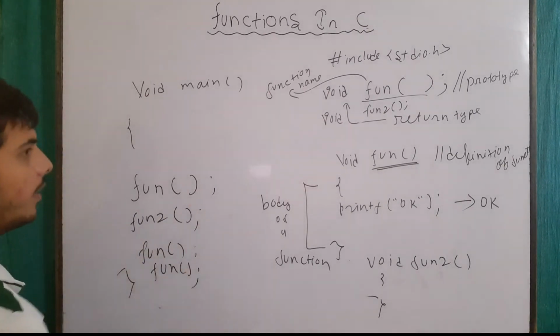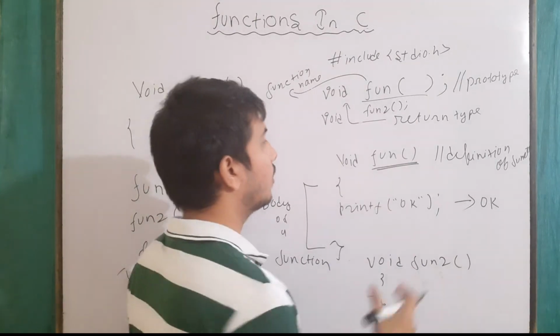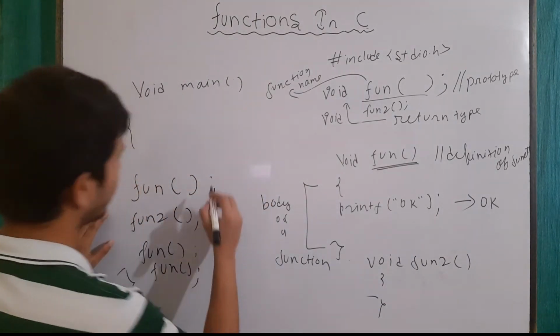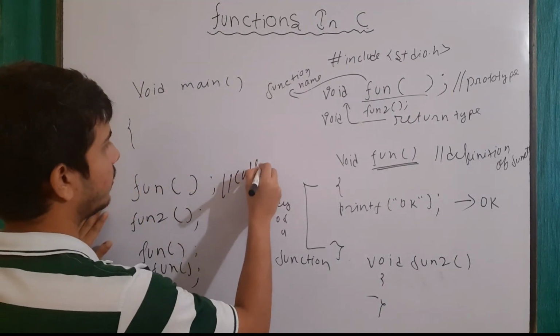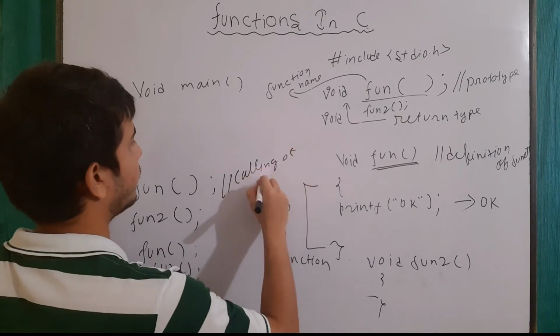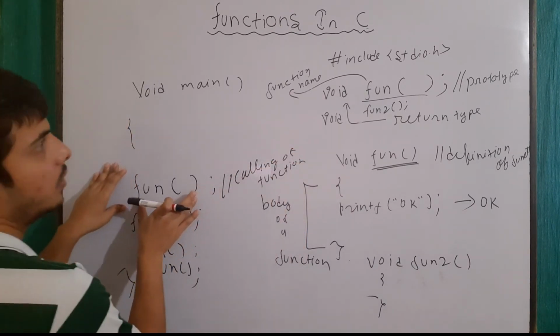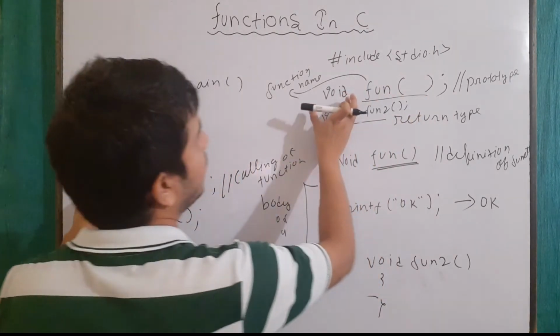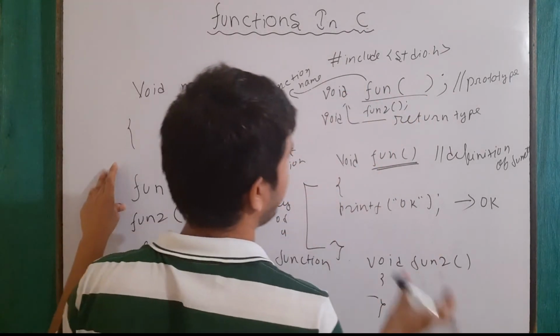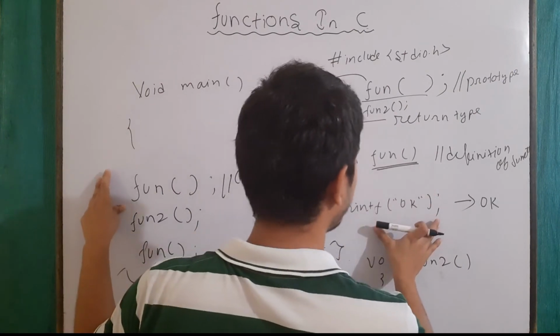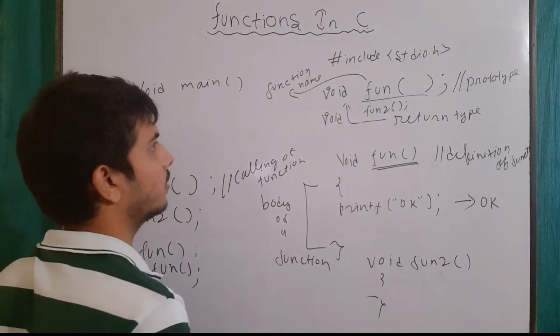This is called the calling of a function. So this is the calling of our function, this is the name of our function, this is our return type, and this is the definition or body of our function.